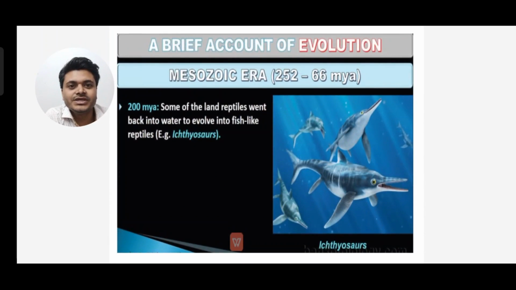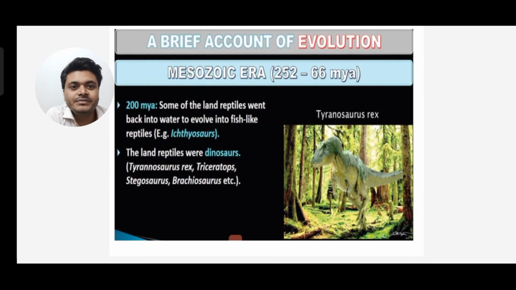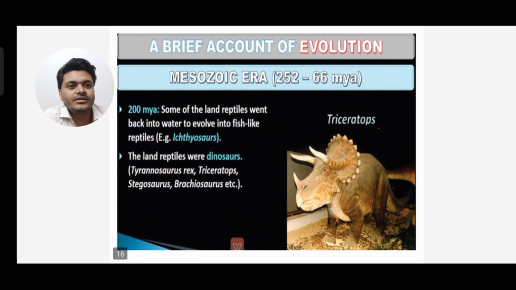So you can see in the Mesozoic era, 200 million years ago, some of the land reptiles went back into water to evolve into fish-like reptiles. Next you can see the land reptiles were dinosaurs. You can see the pictures of dinosaurs given.